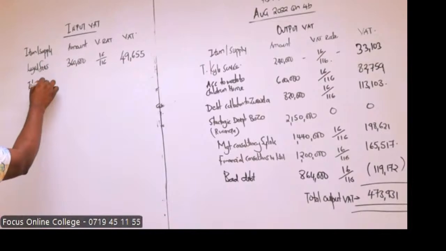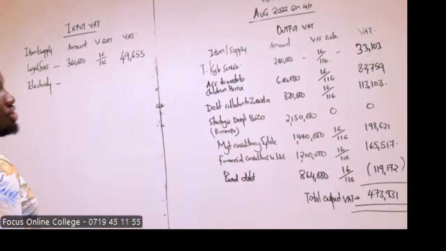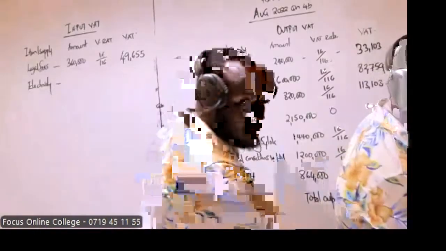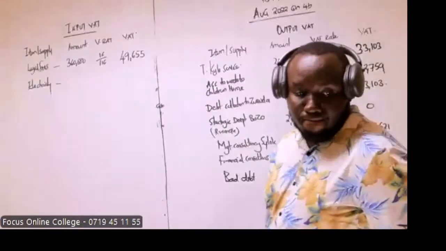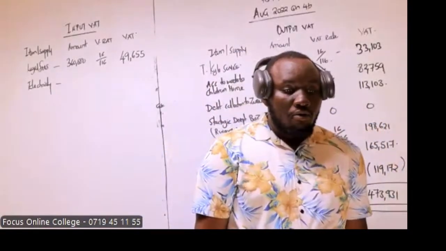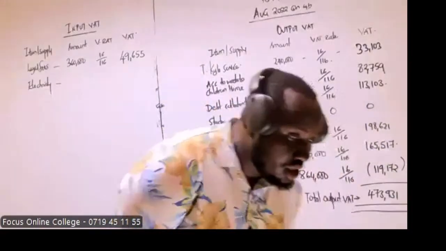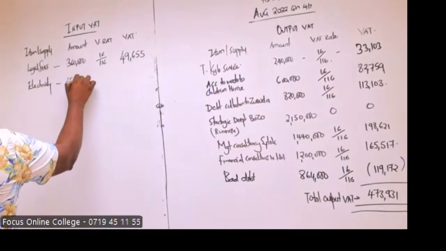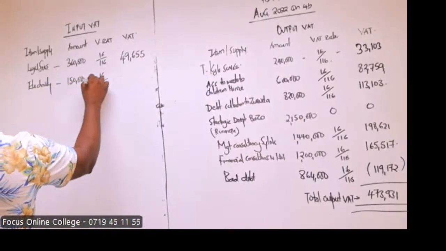Electricity. Based on our adjustments on electricity, which figure goes to VAT? So that was 150, 16 over 116.